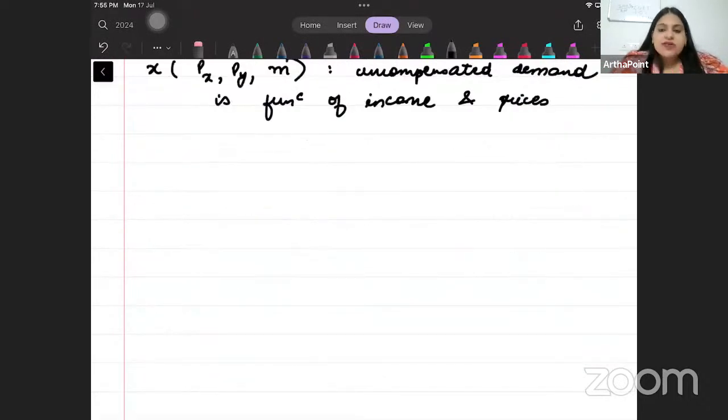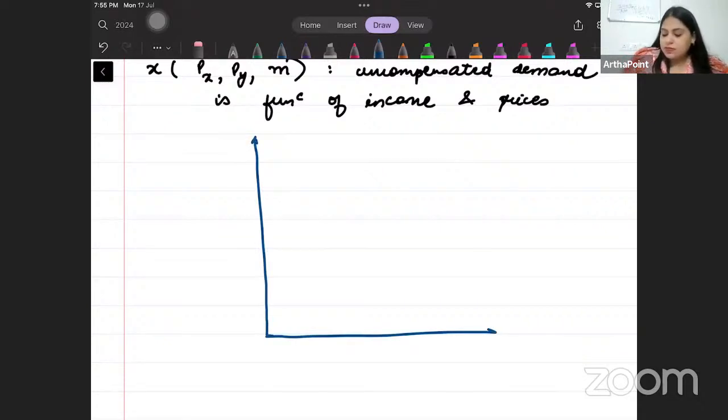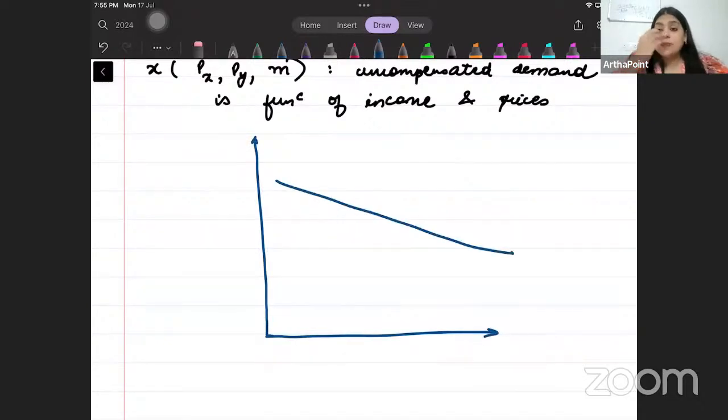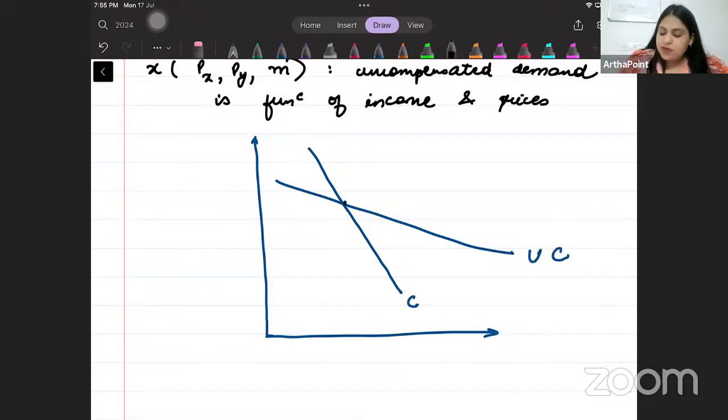Now think about it. The graph that we had drawn in the last class was something like this. There was a point where the compensated and uncompensated demand curves were meeting. They were equal. दोनों से same demand आ रही थी. And what did we say?